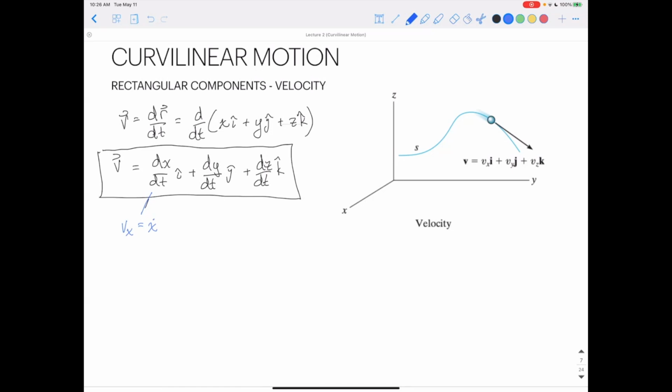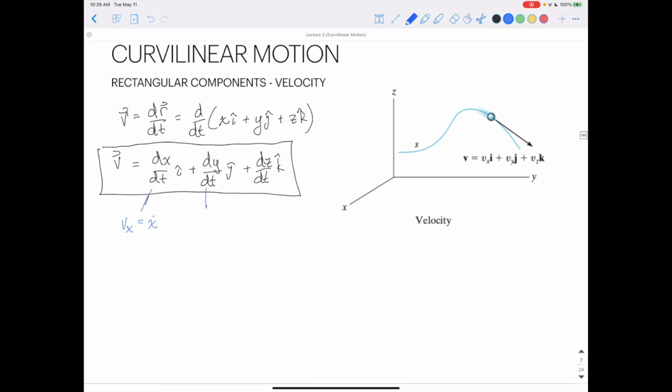If you see two dots above it, it's the second time derivative. So Vx is our x component of velocity. Same thing with dy/dt. This is equal to Vy, which is equal to y dot. And then dz/dt is equal to Vz, which is equal to z dot. So those are the x, y, and z components of our velocity vector v.